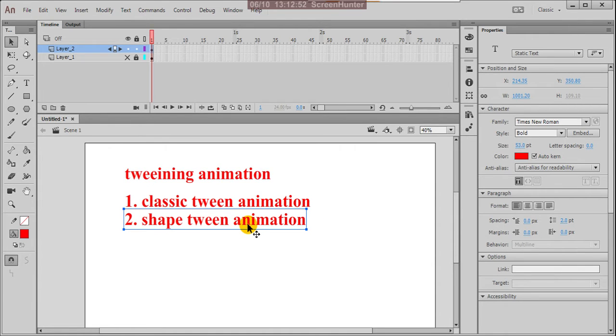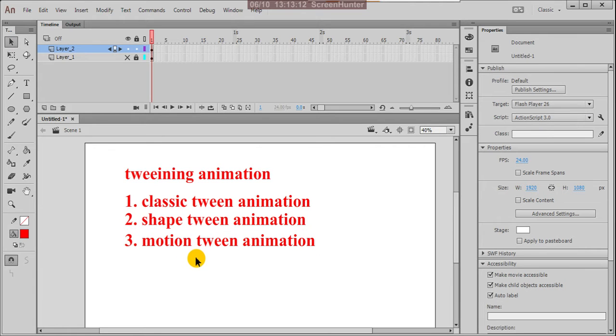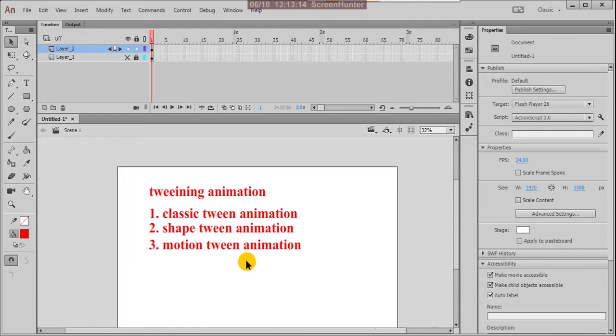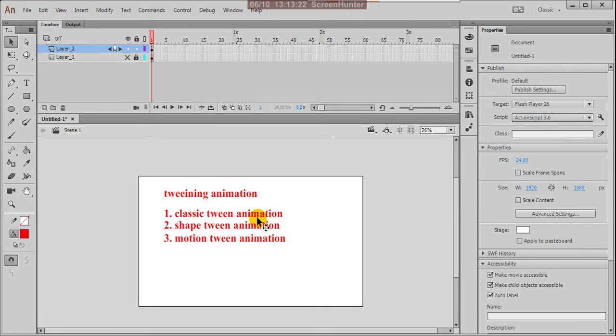And the third one is motion tween animation. Yes, motion tween animation.